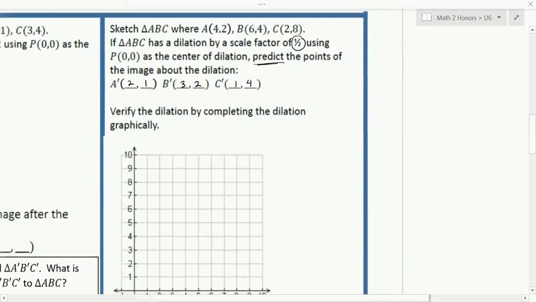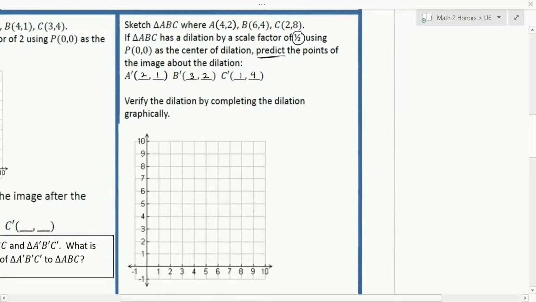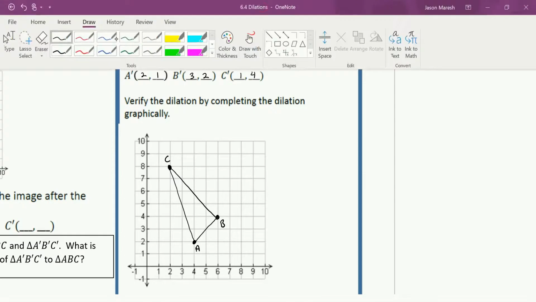Let's go ahead and verify that by plotting A, B, and C. So (4, 2) is A, (6, 4) is B, and (2, 8) is C. That's the original triangle.